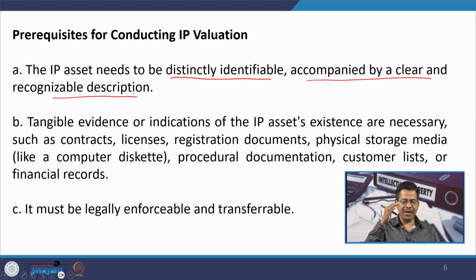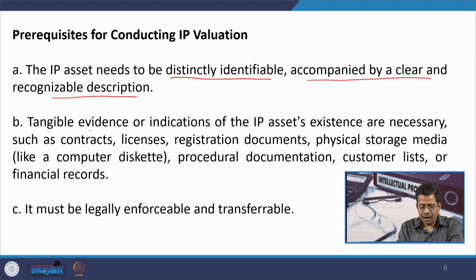You should be clearly knowing what type of IP assets you have, what their uniqueness is, with their complete description. If you do not have this in black and white, it will be difficult to do IP valuation. So, for all your IP assets, you should make a list 1, 2, 3, 4, 5, and then have a clear description of those IP assets.